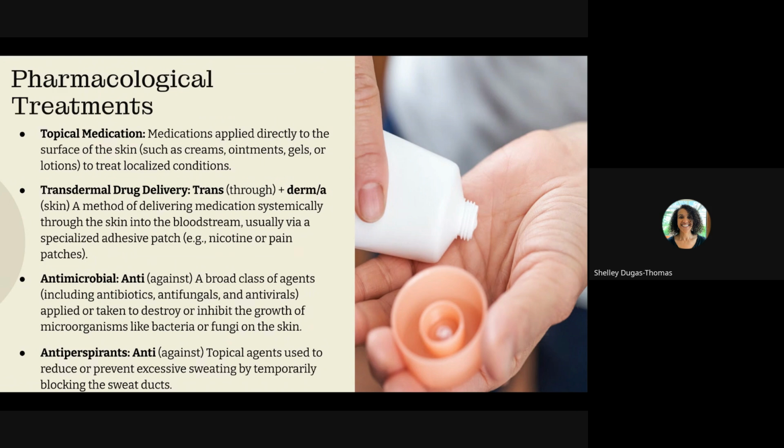So for instance, a nicotine patch or nitroglycerin patch. An antimicrobial, remember anti means against, is an agent that kills or inhibits microorganisms, and antiperspirants are agents designed to reduce or temporarily block the flow of perspiration from the sweat ducts.